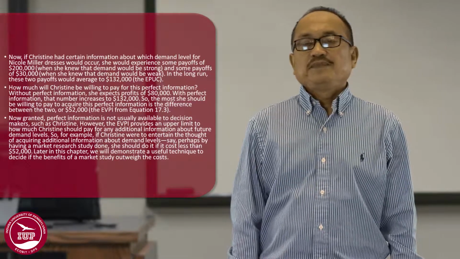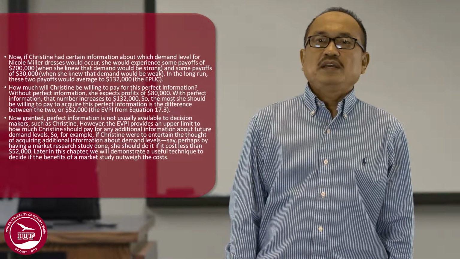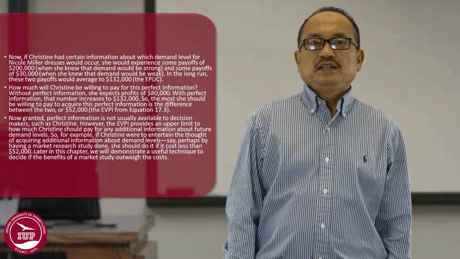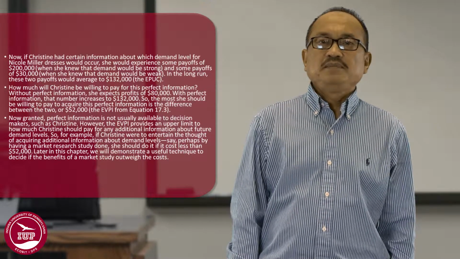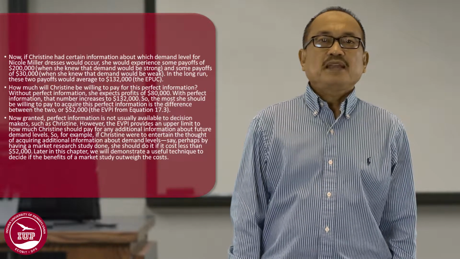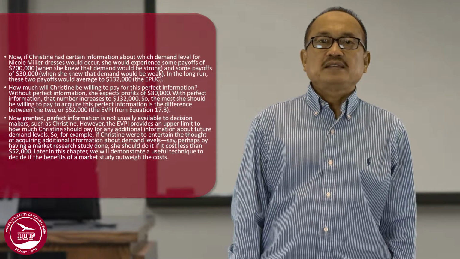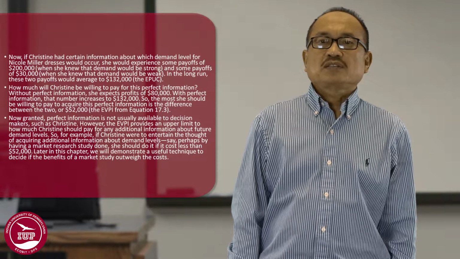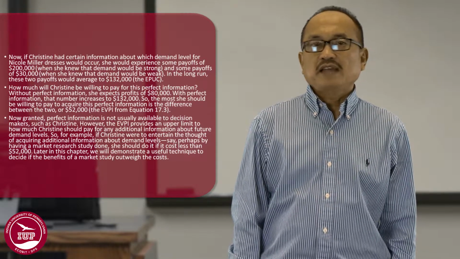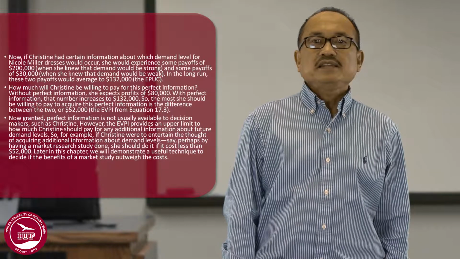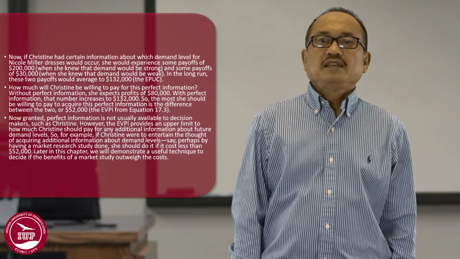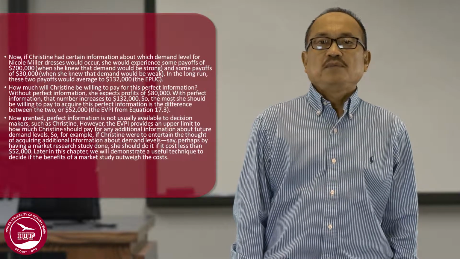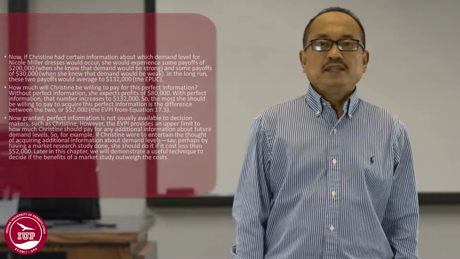So, for example, if Christine were to entertain the thought of acquiring additional information about demand level, say, perhaps by having a market research study done, she should do it if it costs less than $52,000. Later in this chapter, we will demonstrate a useful technique to decide if the benefit of a market study outweighs the cost.